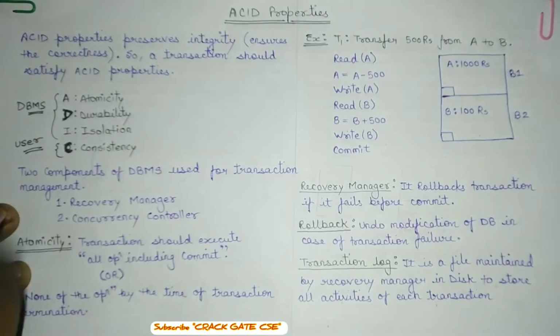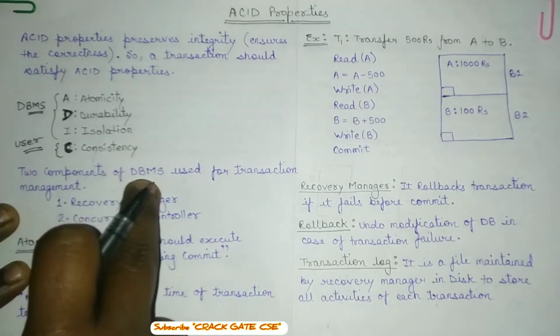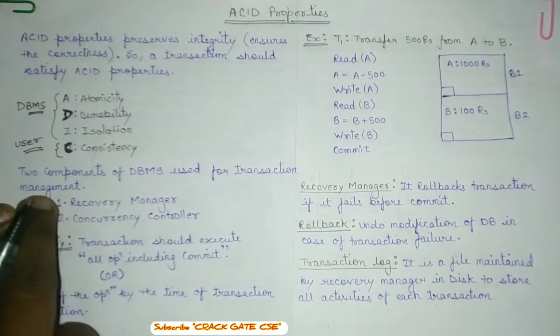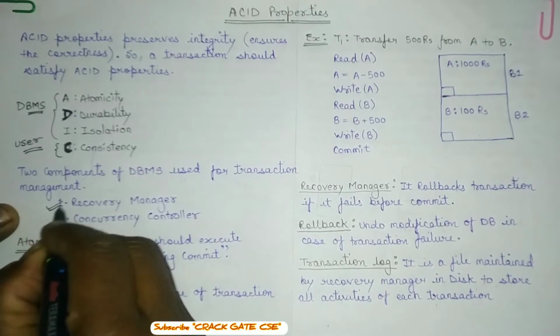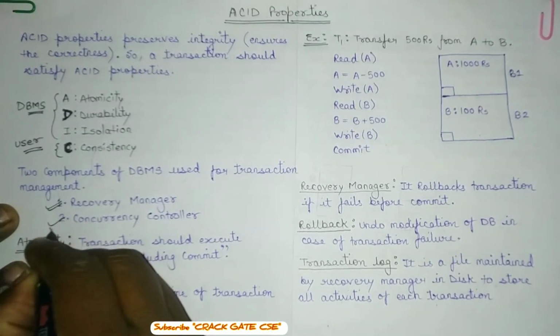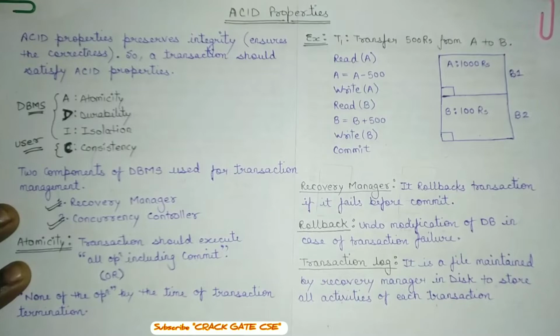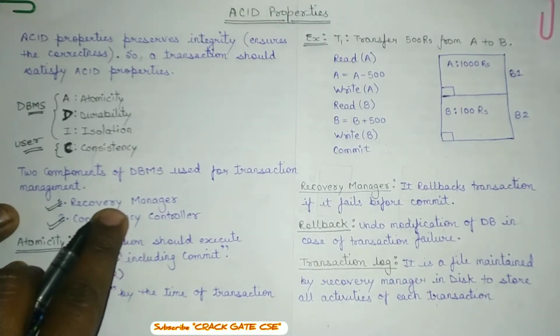Now, one important thing is that two components of the database management system are used for transaction management. One is the recovery manager and the other is the concurrency controller. What is the task of the recovery manager?